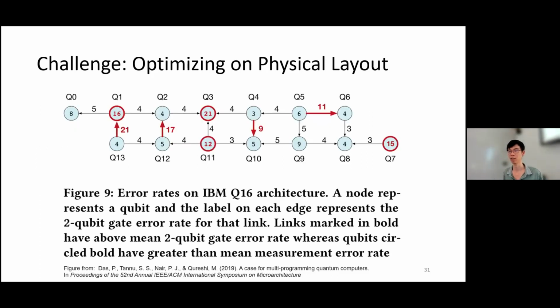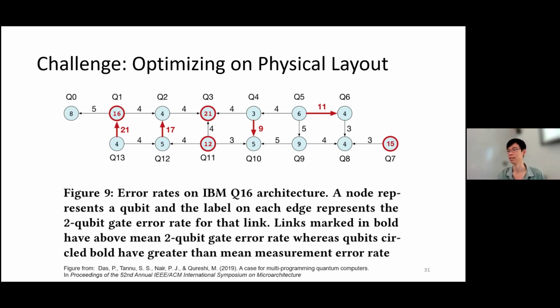There's a figure from another paper that shows an IBM quantum machine, where each circle denotes a qubit, and only along the edges can we perform CNOT. The numbers are error rates, and you can see there are edges with 21 error rates and edges with only 3 or 4, so they differ a lot. So mapping onto the physical layout is another challenge.